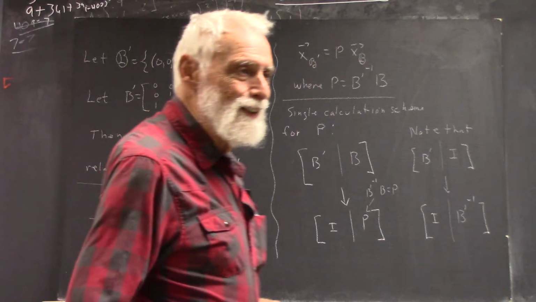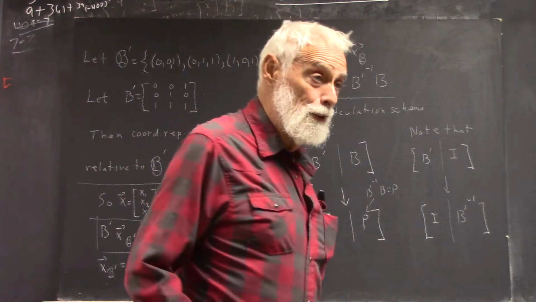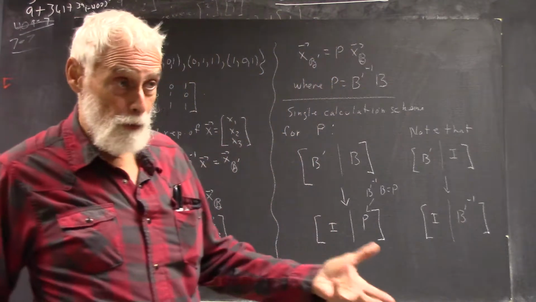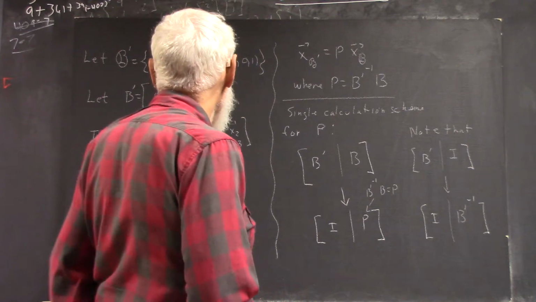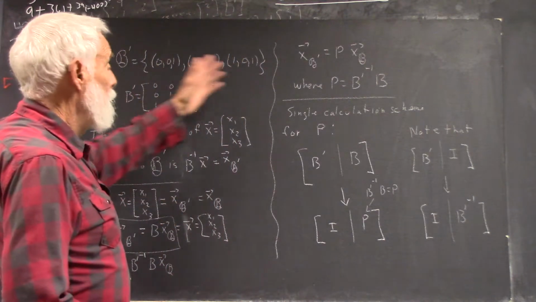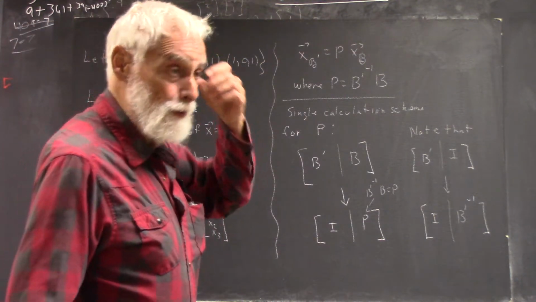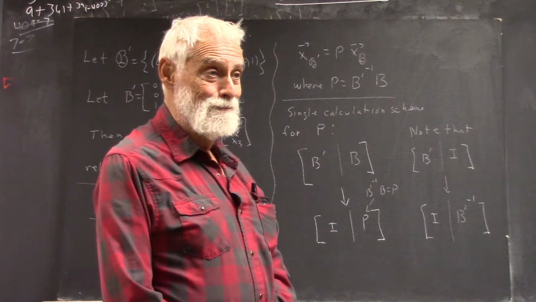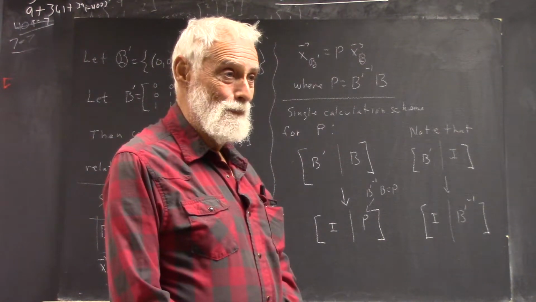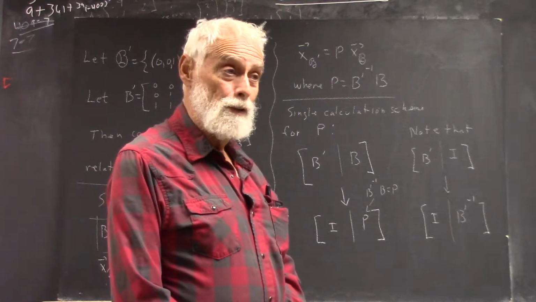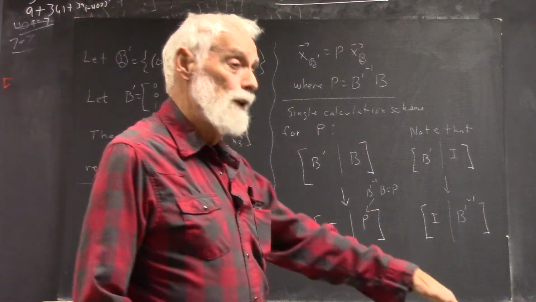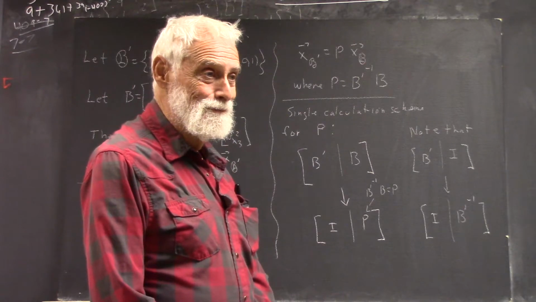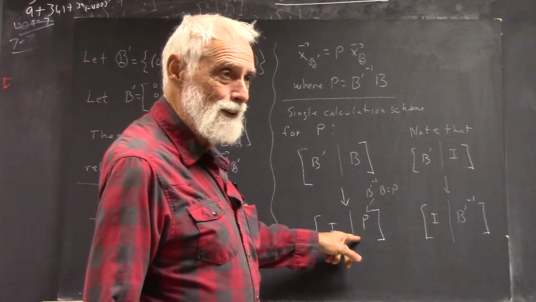Oh yeah. Super neat thing about this that we won't get to for a while: if this basis happens to consist of eigenvectors, then the representation in terms of that basis is a diagonal matrix with the eigenvalues, so that this P matrix diagonalizes.